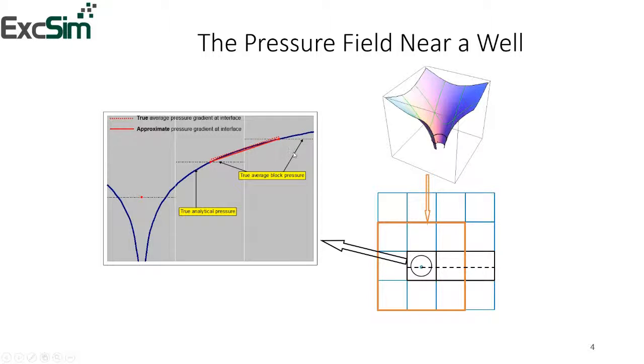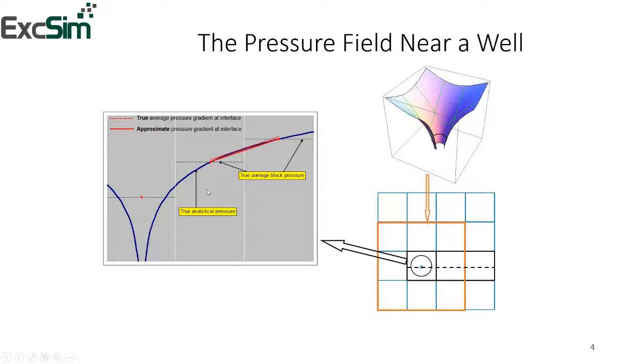And you can see they are pretty parallel, which means that flow between this grid block and that grid block will be very, very accurate, very, very close. A very good match.